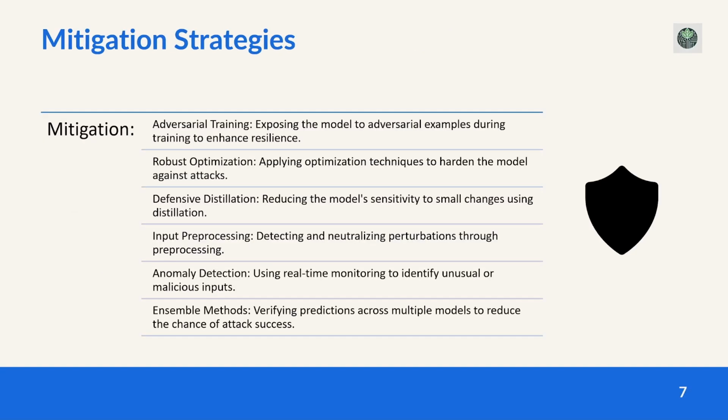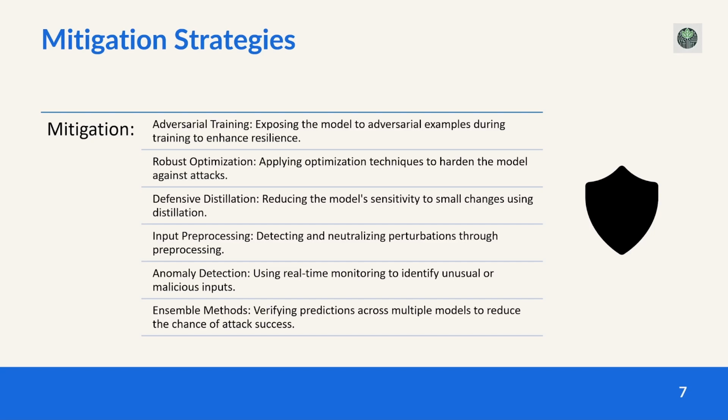Mitigating the risks associated with adversarial perturbations involves a multi-layered approach. Here we use adversarial training, where models are exposed to adversarial examples during training to strengthen their resilience. Robust optimization techniques ensure that models can maintain their performance even under attack.